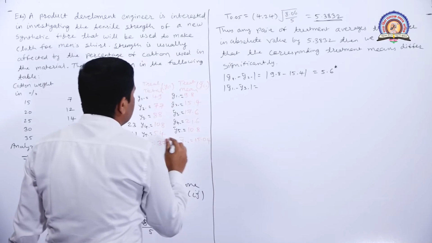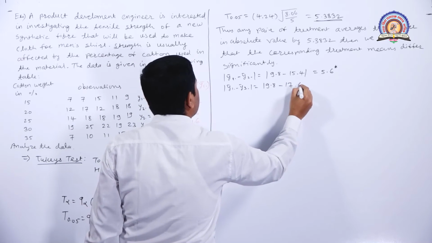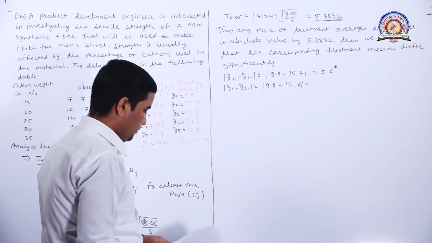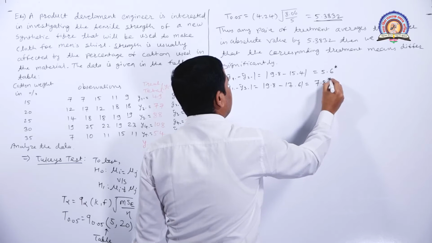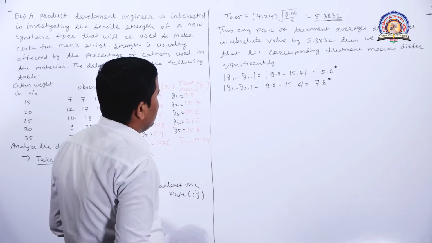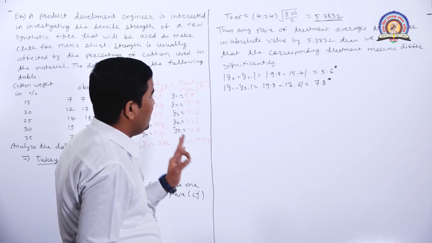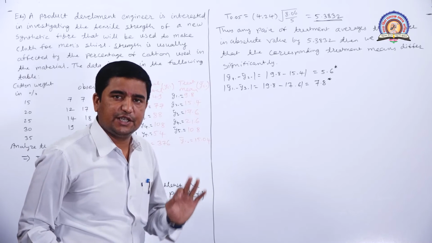Take first versus third, y bar 1 dot minus y bar 3 dot. So y bar 1 dot is 9.8 minus 17.6. So this absolute difference will become 7.8. 7.8 is also greater than this 5.3832. So I am going to give a star here. The star indicates the corresponding treatment means differ significantly.